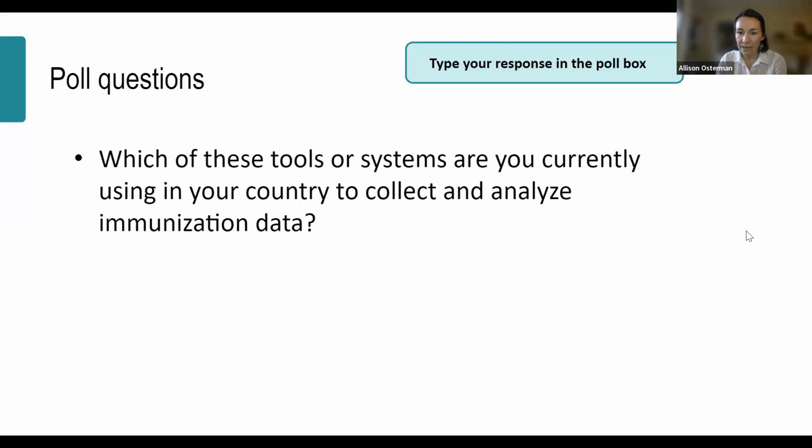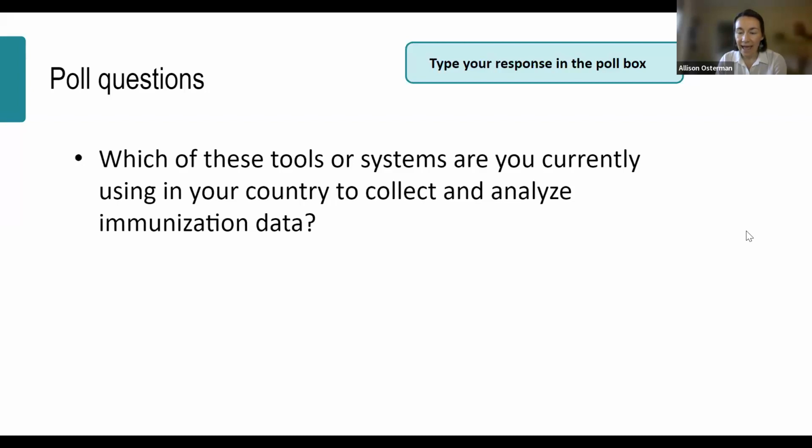So it looks like the most common tool or information system being used is health management information systems, for example, DHIS2. 63% of the participants said that this is a system that's being used. Also, immunization coverage surveys, 54%.